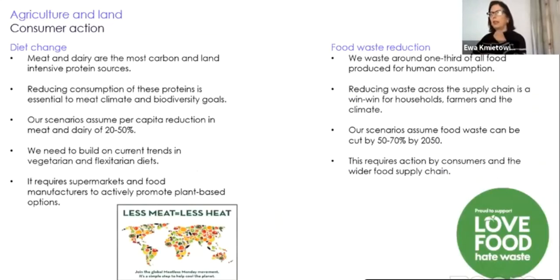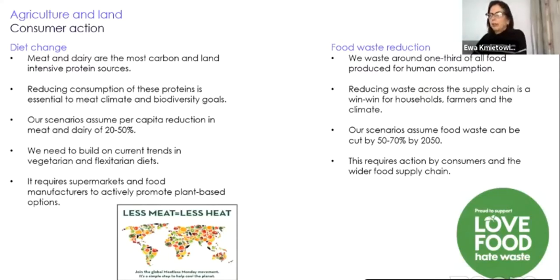So in terms of actions on the part of consumers, there are two essential aspects of this: diet change and reducing food waste. We've mentioned diet change quite a lot already, and that's because it's the single most important factor that we can do to release land from agriculture and to enable land to be used for nature-based solutions. This is because meat and dairy are the most carbon-intensive protein sources, but they're also inefficient ways to use land.